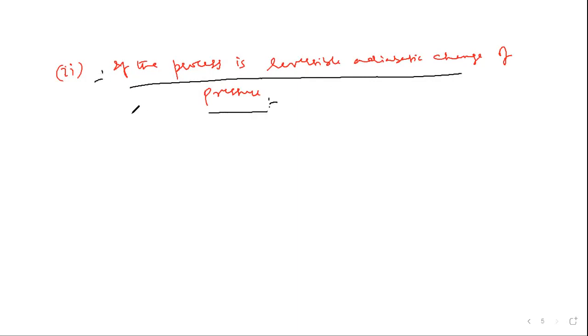So the process is a reversible adiabatic change of pressure.